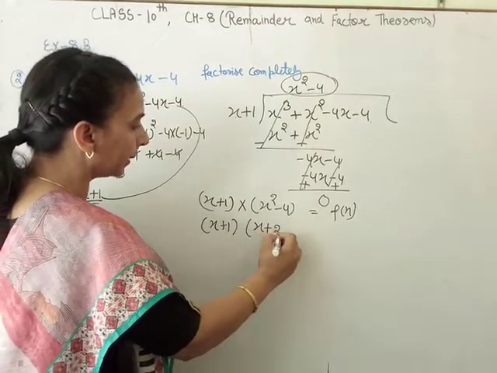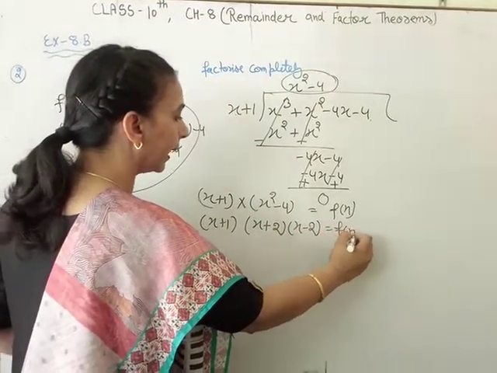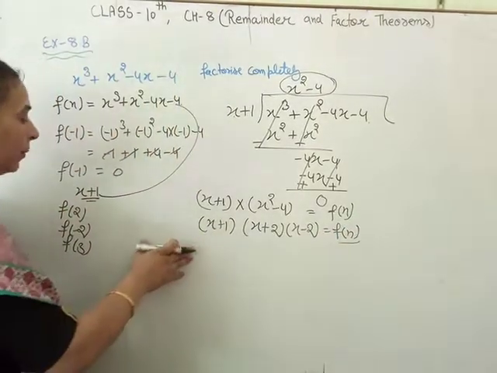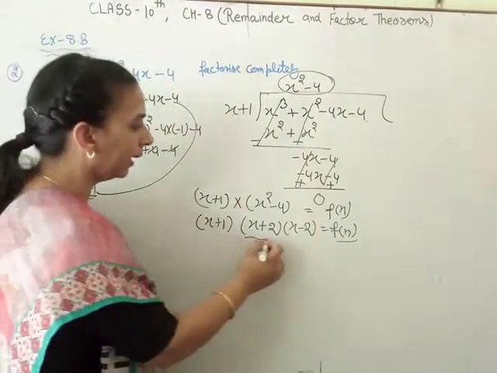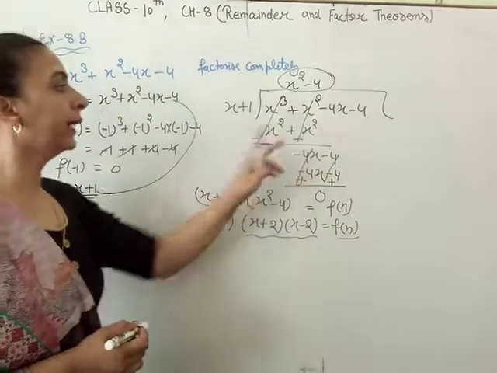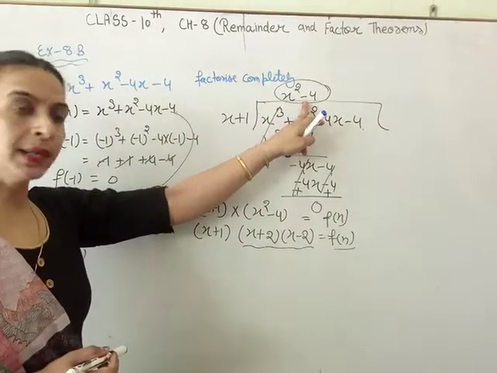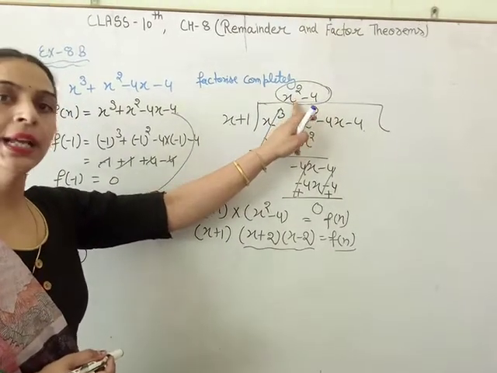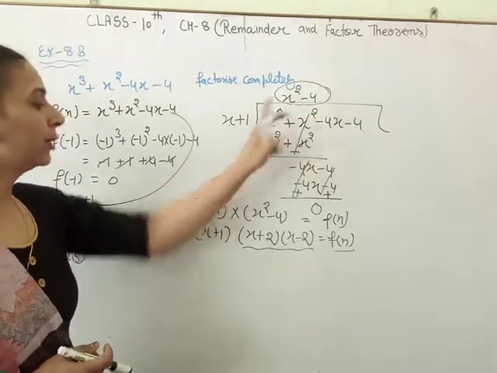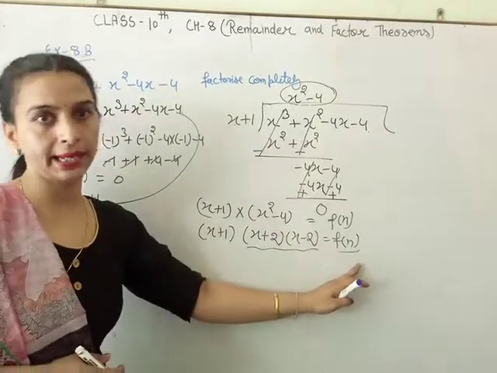We write x plus 2 and x minus 2, and this equals f of x. So student, with the help of finding one factor we find the other two factors. If we have one factor, then divide the expression by that factor and factorize the quotient, because the quotient is of degree 2, a quadratic. So we find that factor. This completes the 3 factors of the given expression.